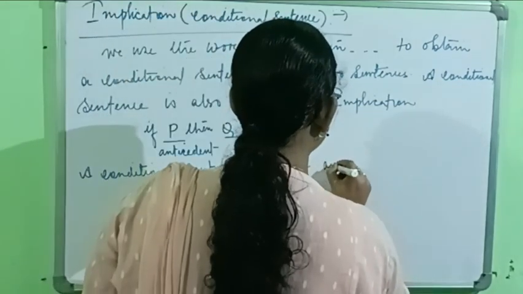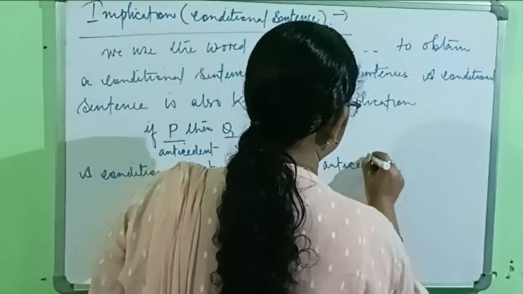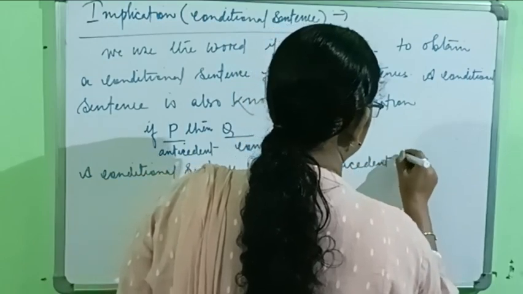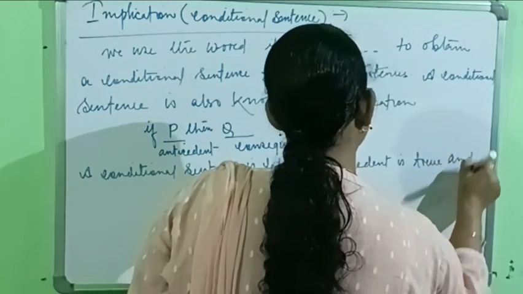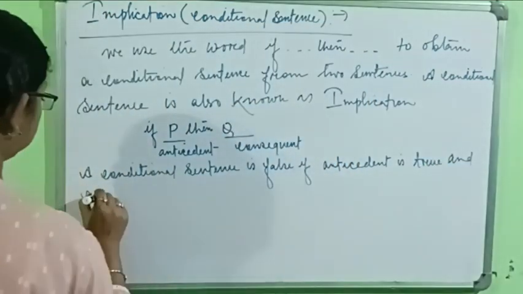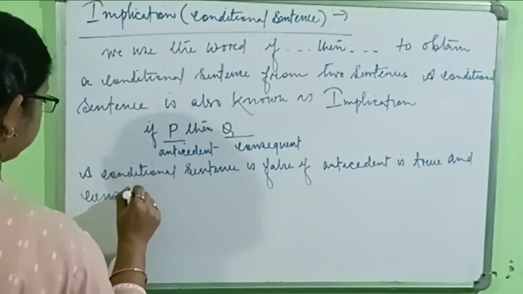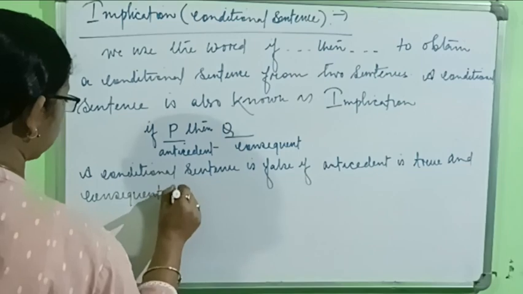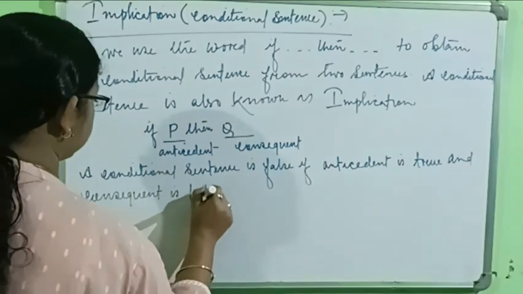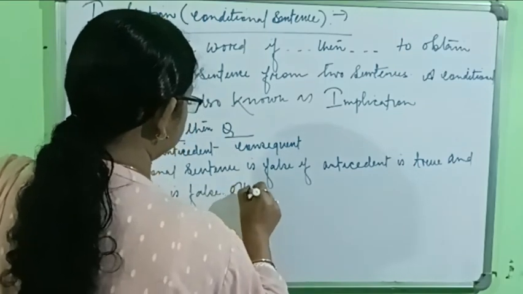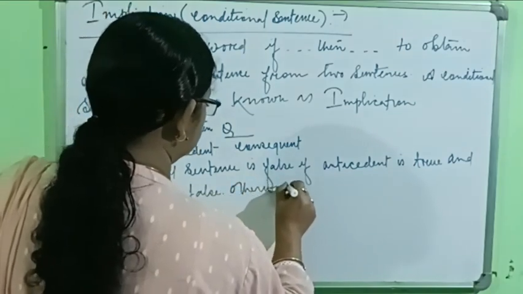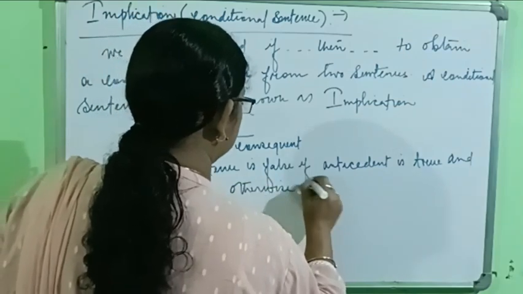If the antecedent is true and the consequent is false, then it is false. Otherwise, it is true.